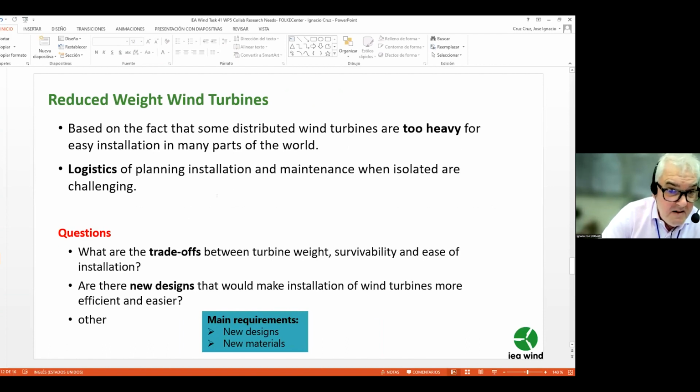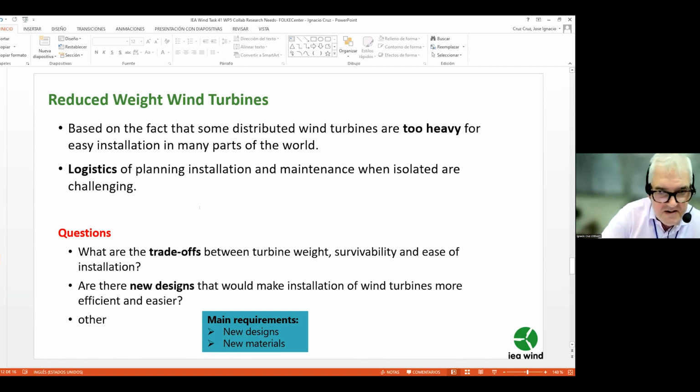Reduce the weight of wind turbines. Some wind turbines are really too heavy, built as very robust solutions for every site. The idea is to define different solutions for different conditions of wind resource.